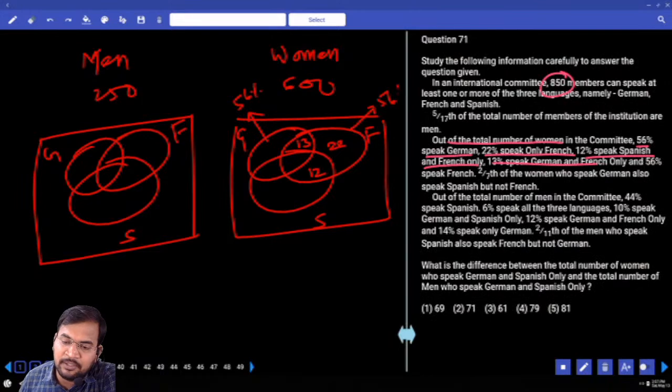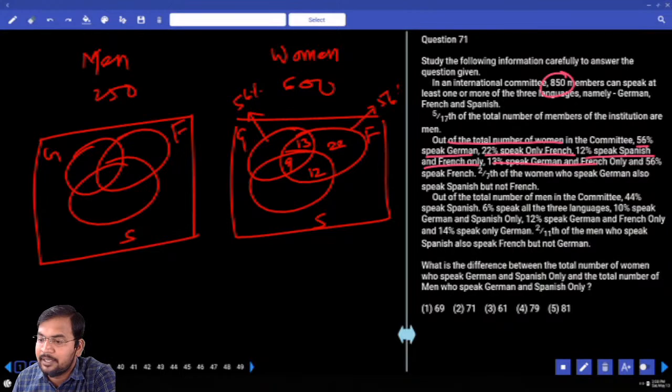Already how much is there? 13, 22, 35, 47. The remainder, and all three, should be 9. Now if you add all these four values, you will get 56.